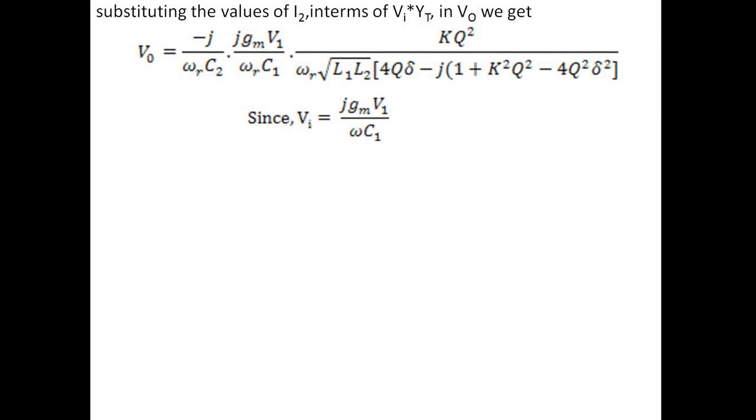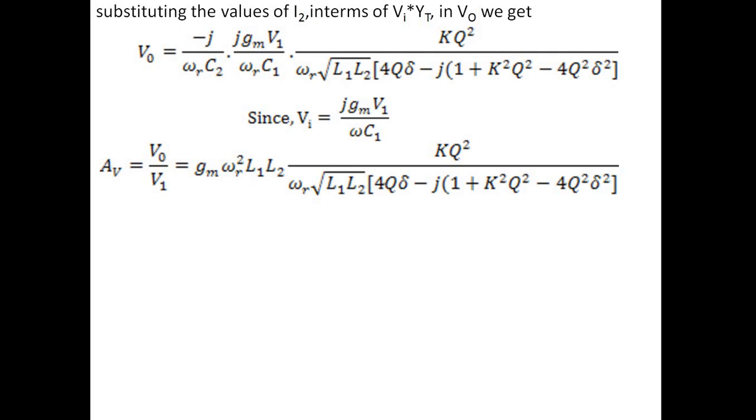We know whatever we are trying to represent V1, which is equal to Vi, the input voltage, which is equal to J Gm into V1 divided by omega C1. You try to simplify it further.